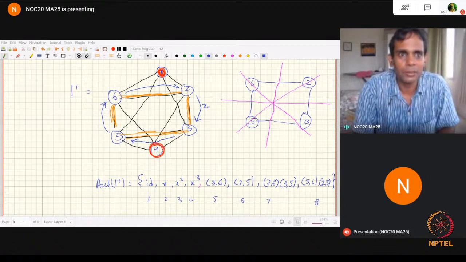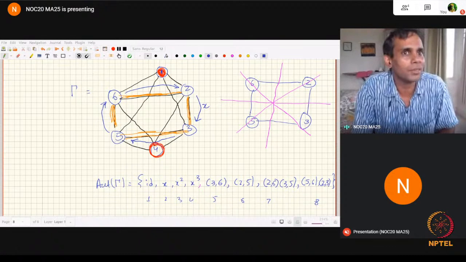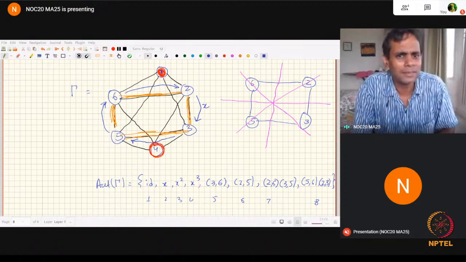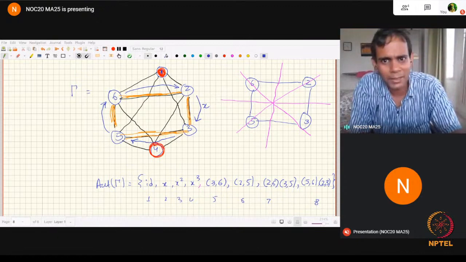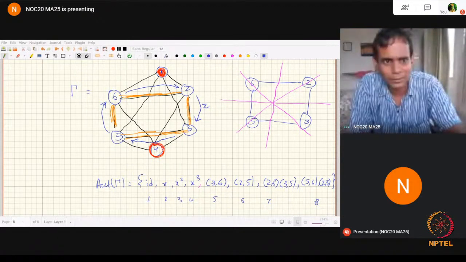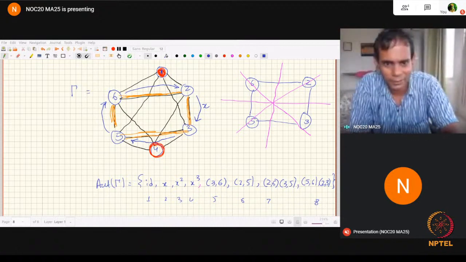So you need to figure out how many such things there are. The normalizer of this group is going to be... I think I can figure out the answer, but it's a little involved. You can use the orbit stabilizer method. There's still some issue, so let me just explain what I can think of right now.